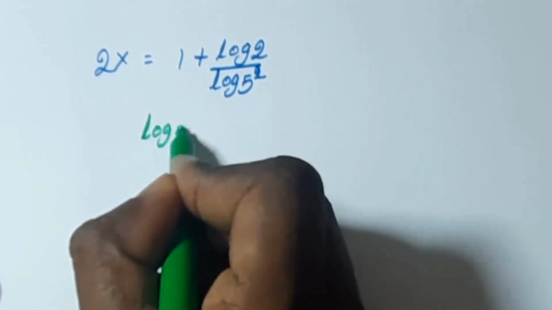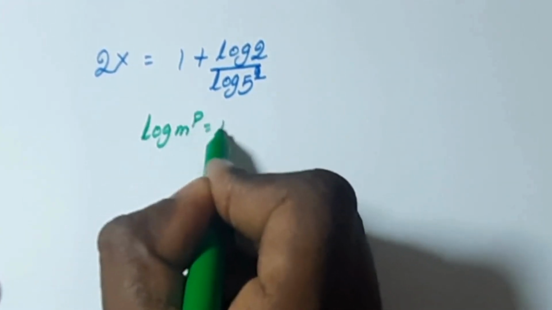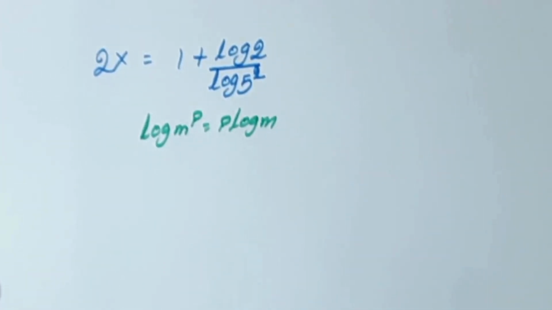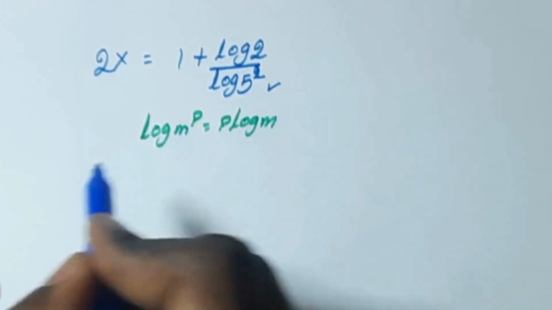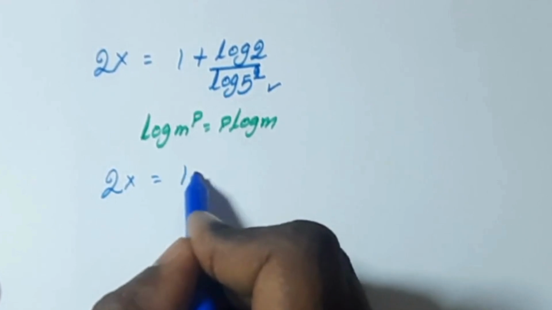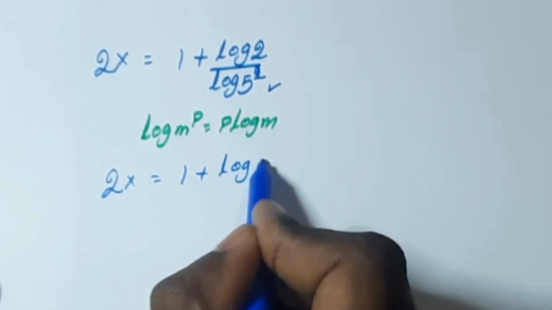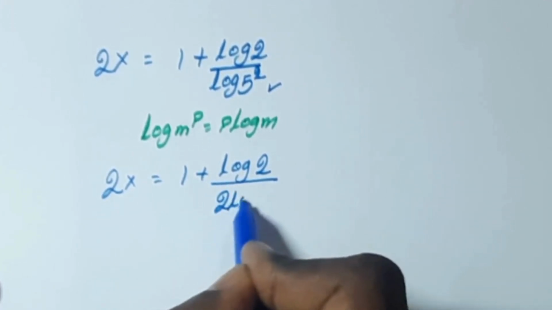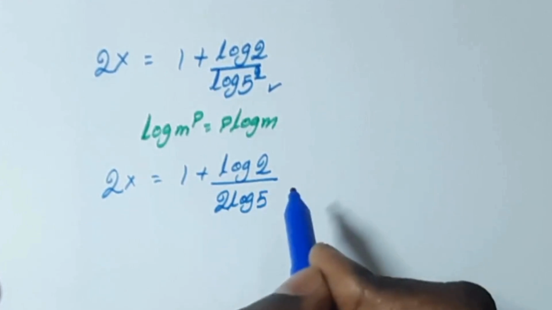Log m power p equal to p log m. This formula we are going to apply here. So 2x equal to 1 plus log 2 by 2 log 5.